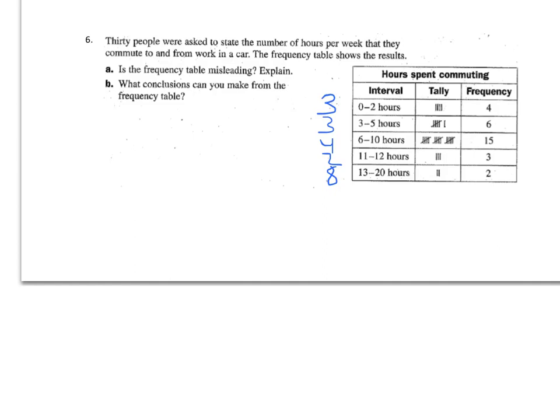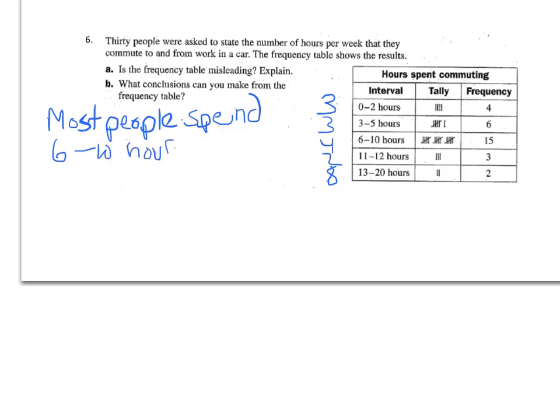Well, you could just say most people spend 6 to 10 hours commuting to work.